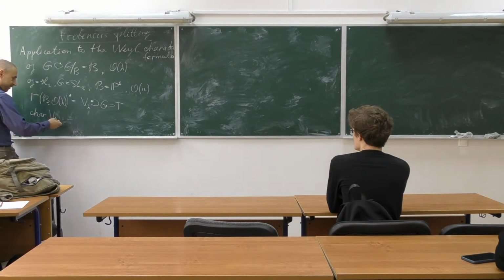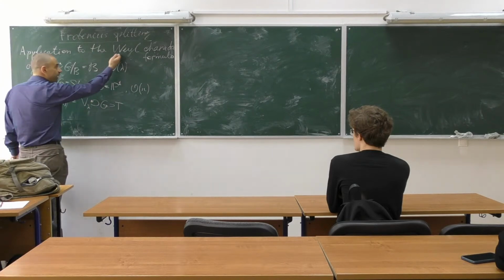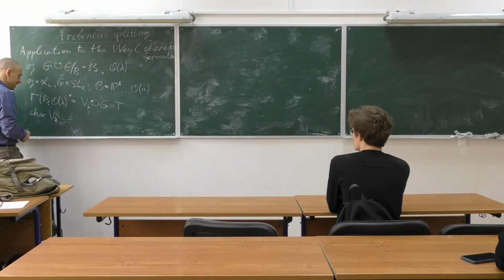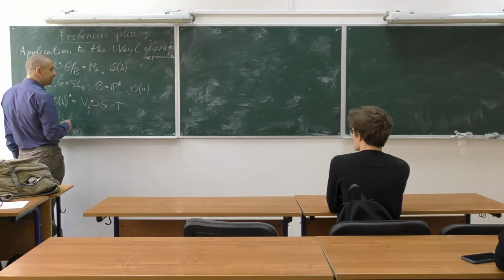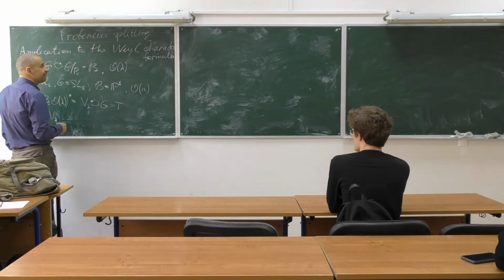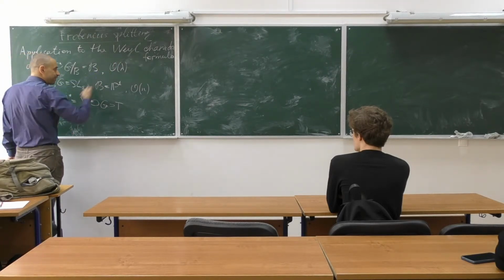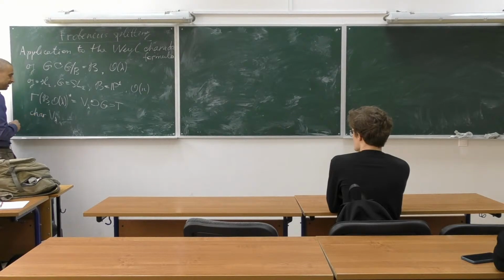There is some answer, which was obtained by Hermann Weyl 100 years ago, and there are many proofs, really different proofs. The first one was due to Hermann Weyl and was analytic, but there are also topological and algebraic proofs.